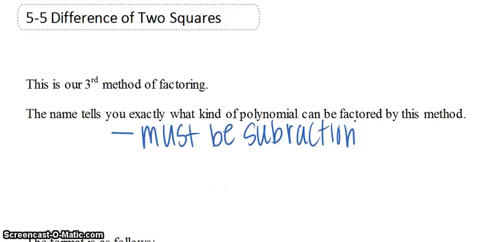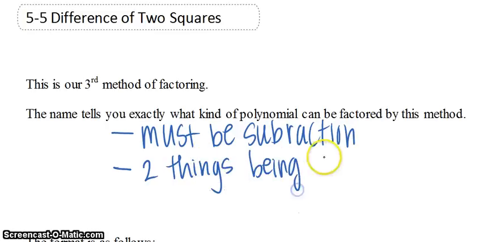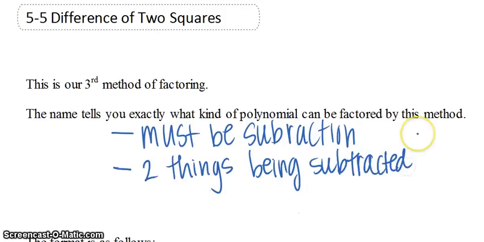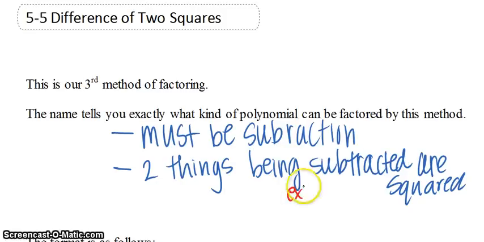Next thing: the two things being subtracted are squared. For example, it could be 2 squared, or x squared, or 5 squared. Whatever it is, it's squared, because it says difference of two squares.